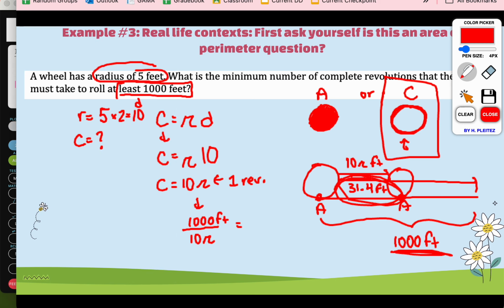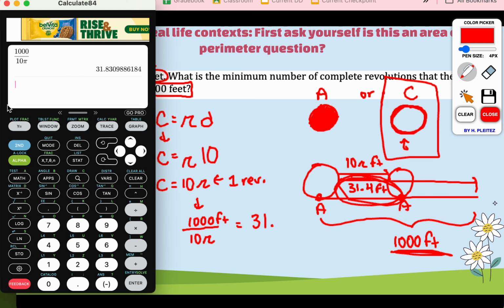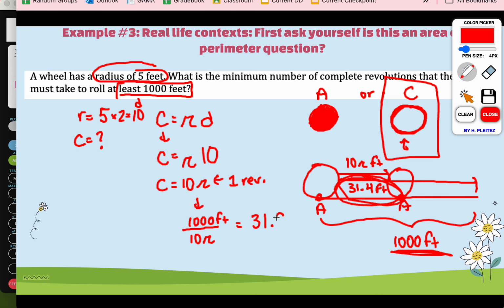So this is 31.831. Now what this number represents is the exact number of revolutions to get 1,000 feet. But a lot of times, you're not going to be able to go 0.83 of a revolution.